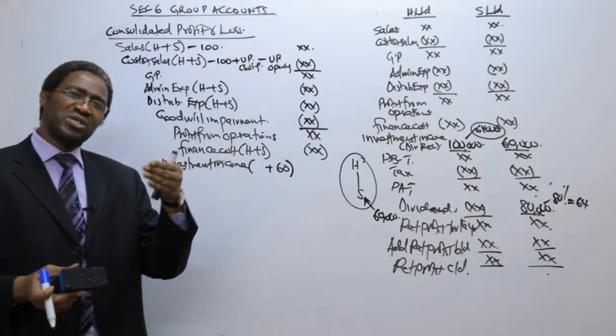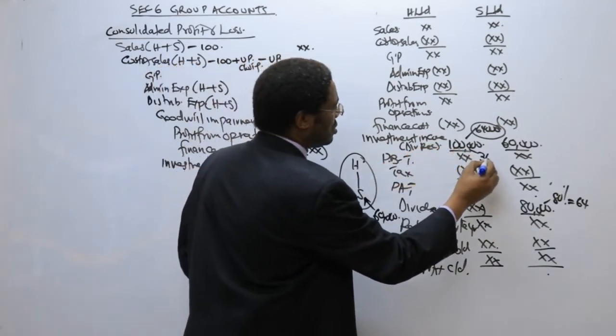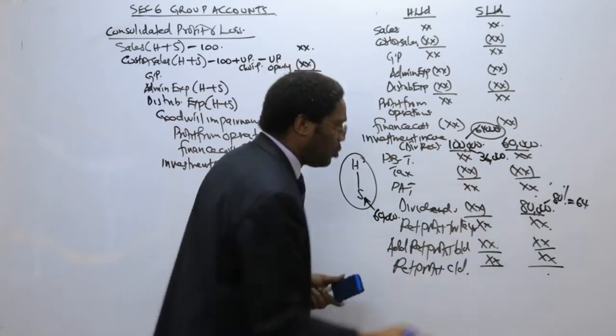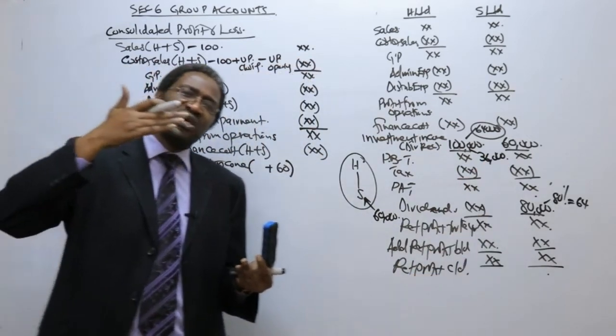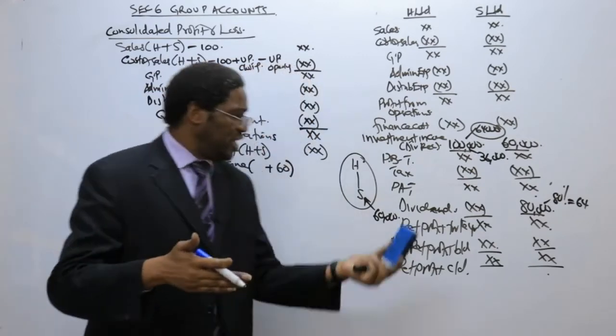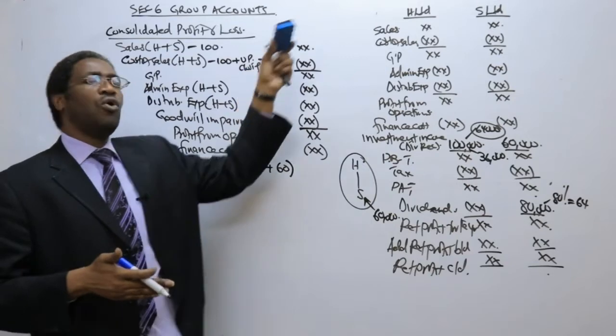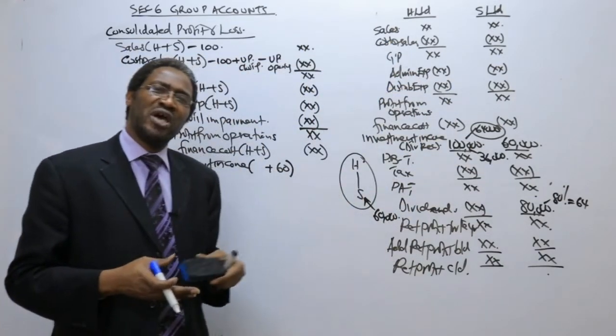Therefore, there's another 36,000 this holding company has reported as part of their investment income. It is obvious that 36,000 did not come from S. S being a group member, the holding company did not receive the 36,000 from S Limited.